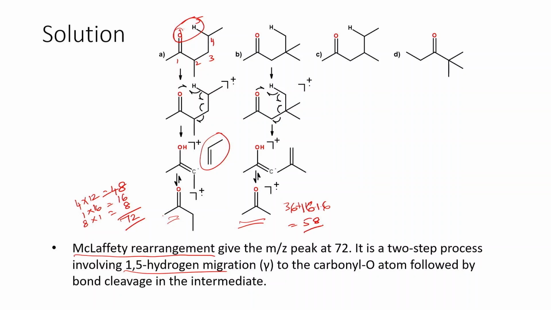So the total molecular weight comes to around 58. So this is not the 72 given in the problem. So the second option can be ruled out, even though option B can also undergo McLafferty rearrangement.